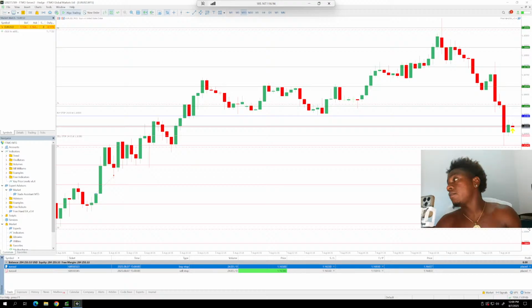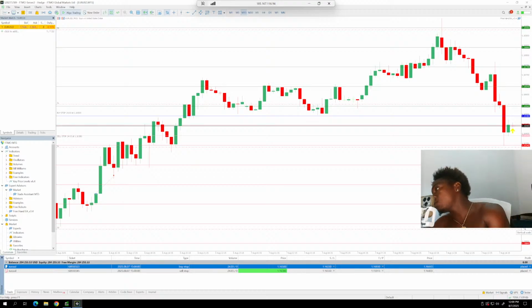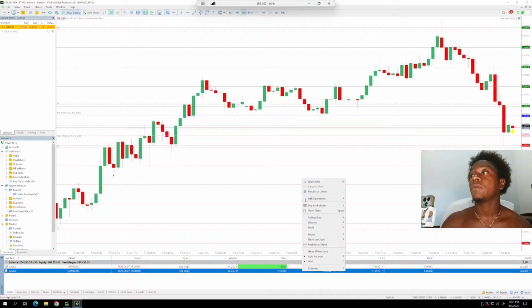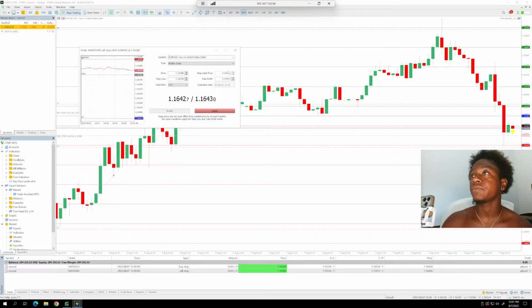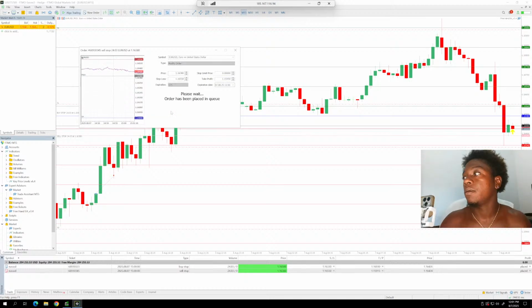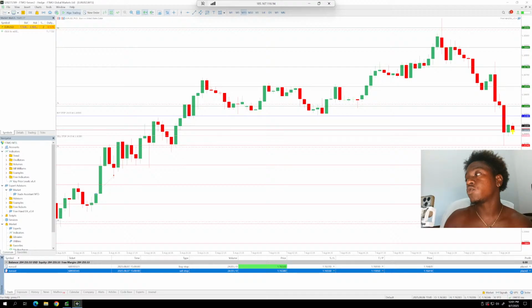And then our TP for our sell stop is supposed to be on 1.15940. Gotta add one. 1.15950. Modify. That's going to give us 1 pip above this line.